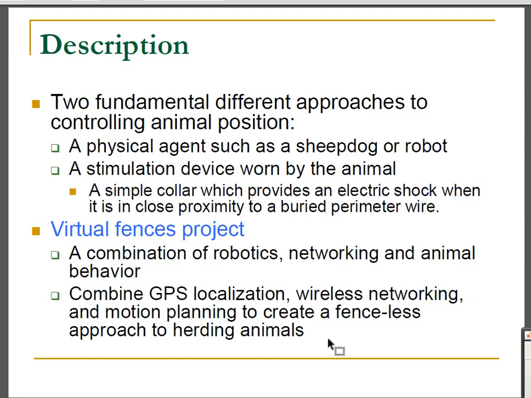So a simple collar which provides an electric shock when it is in close proximity to a perimeter. So we can use this kind of collar to control the cows, right? And we call it the virtual fences project, a combination of robotics, networking, and animal behavior.